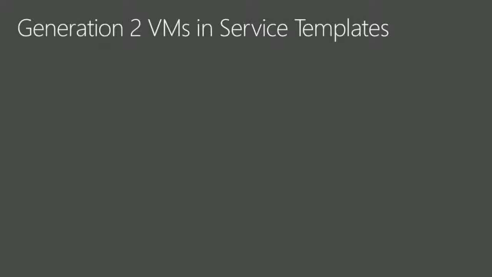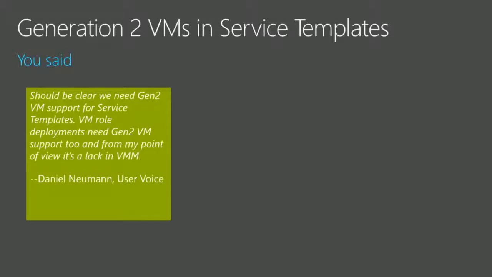The other thing we have for UR6 is Gen 2 VM templates, and we have heard a lot about this. Is Daniel Newman in the audience? Oh, there you are. Awesome. Thank you for writing this comment in user voice. Daniel had this very concise comment: it should be clear that we need Gen 2 VM support. The VM role deployments need to support Gen 2, and right now it's a lack in VMM.